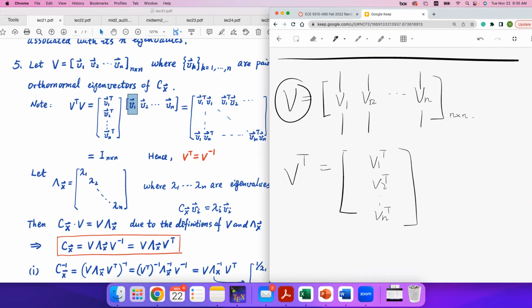After taking the transpose, it becomes a column-wise form. But now each coordinate needs to take a transpose inside. If you look at the previous V, each coordinate V is a column vector, so taking the transpose, this becomes a row vector.